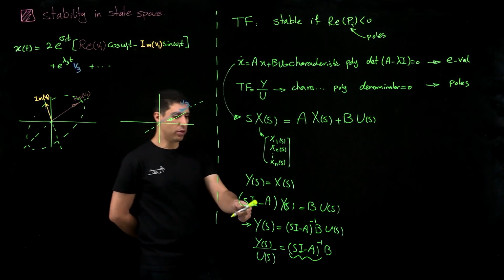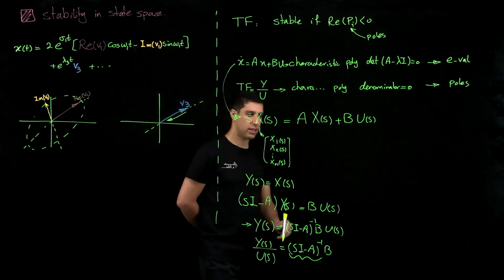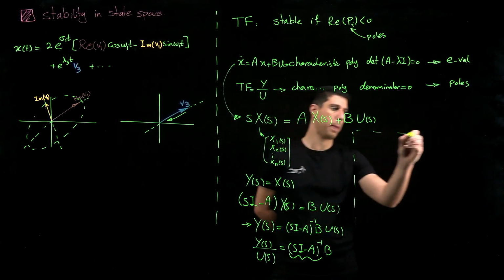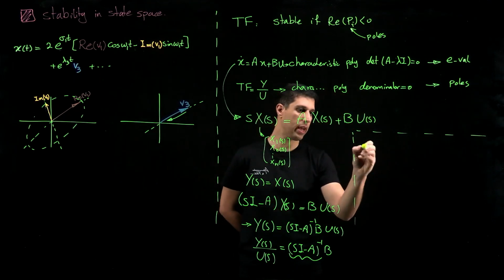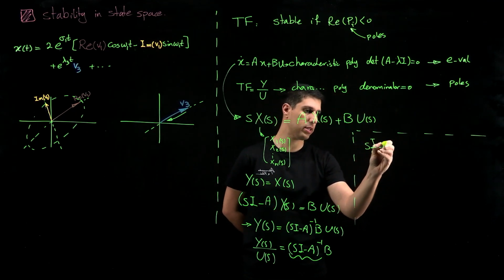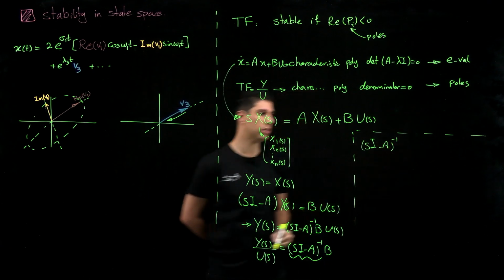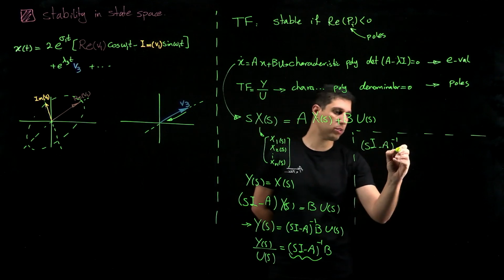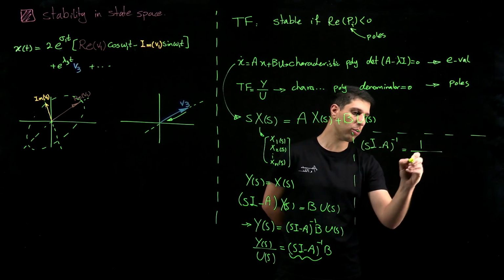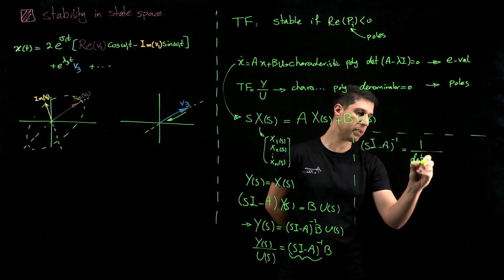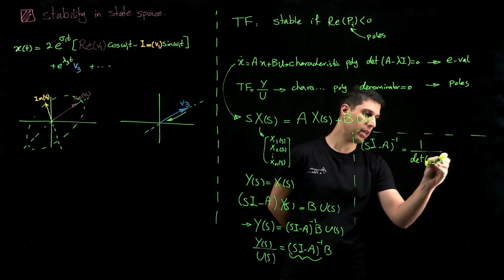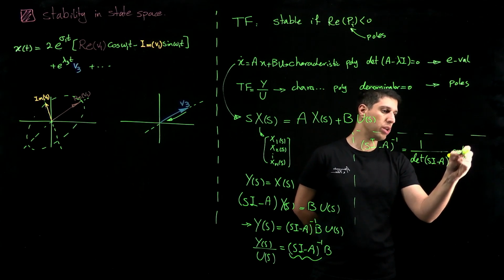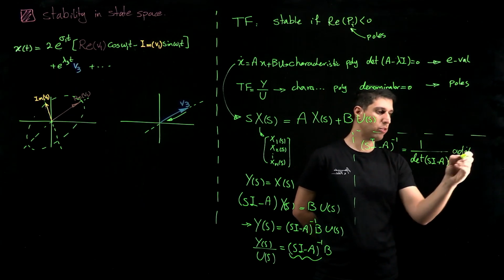If you want to take the inverse of that, how you can take the inverse is a long story, but it is going to be 1 over the determinant of sI minus A times something called the adjoint matrix of that.